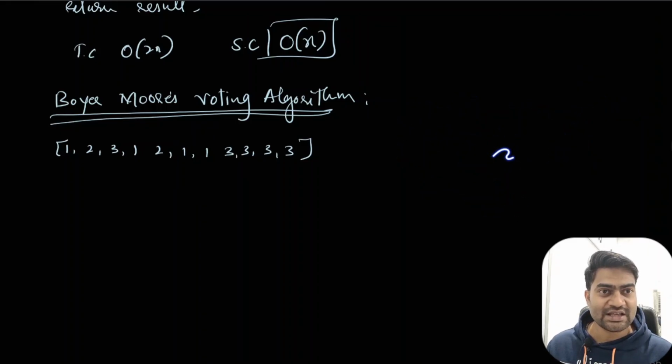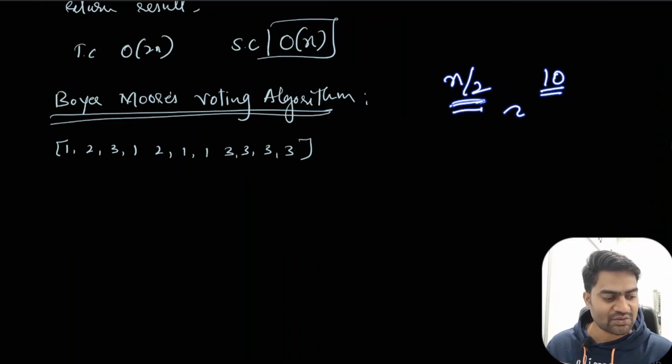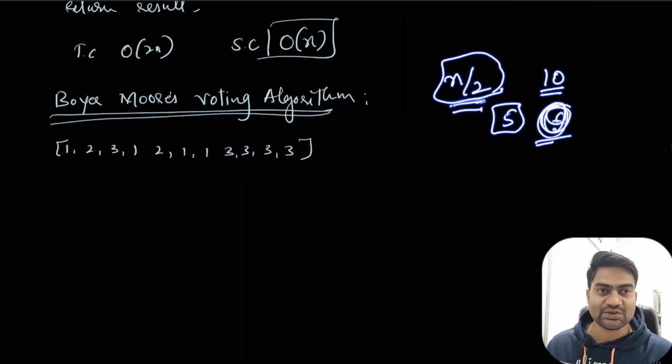So this is the majority one problem, because there we were checking for more than n by 2 votes. If there are 10 votes, then 10 by 2 becomes 5. If it has to be more than n by 2, then it has to be 6. He should get 6 votes, then only he will be considered as the winner.